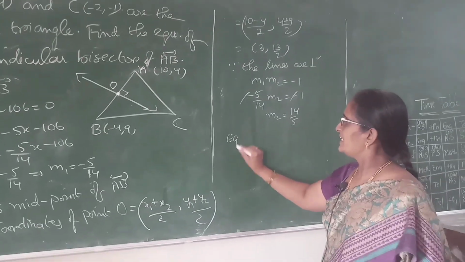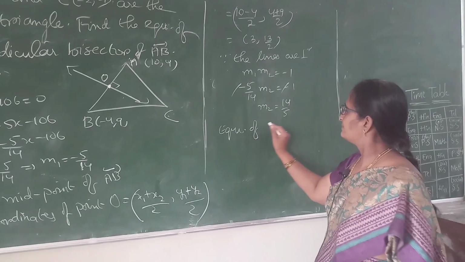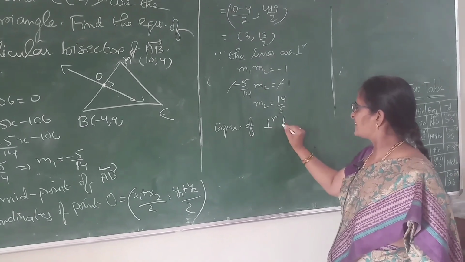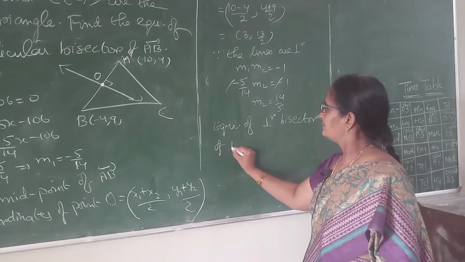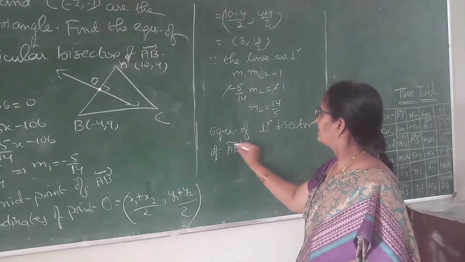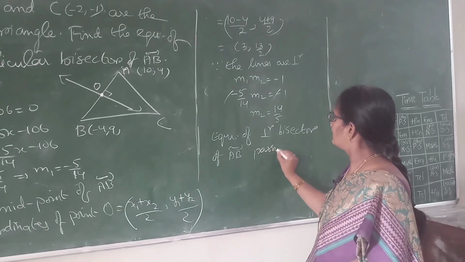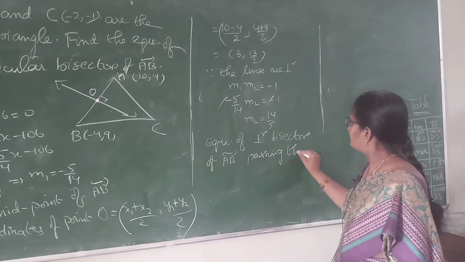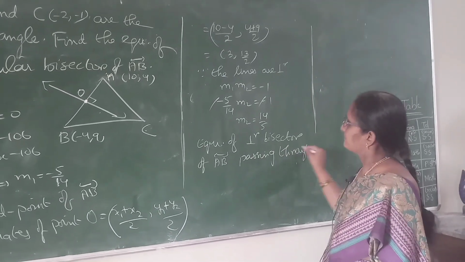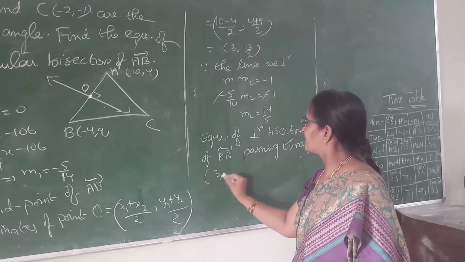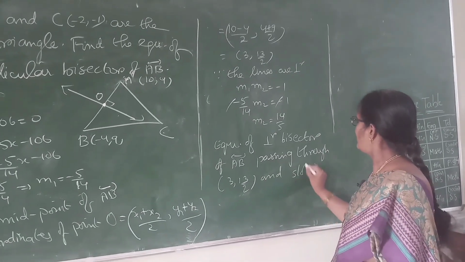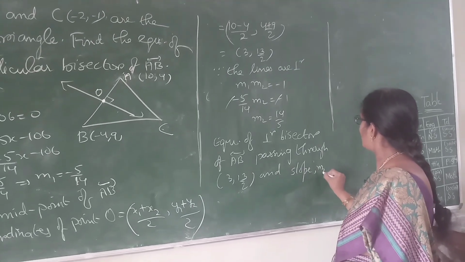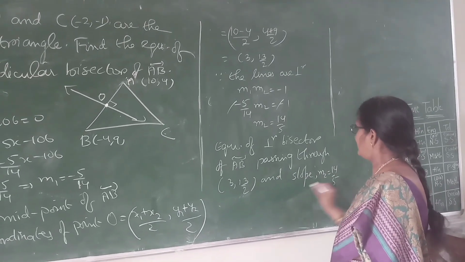Now, equation of perpendicular bisector of line AB passing through 3 comma 13 by 2 and slope m2 equal to 14 by 5.